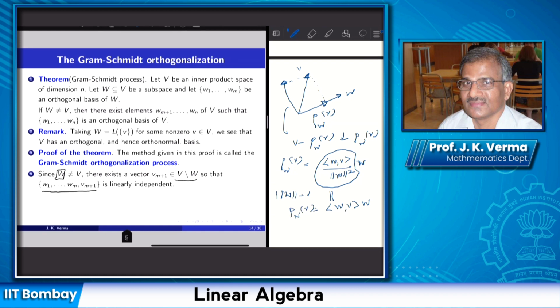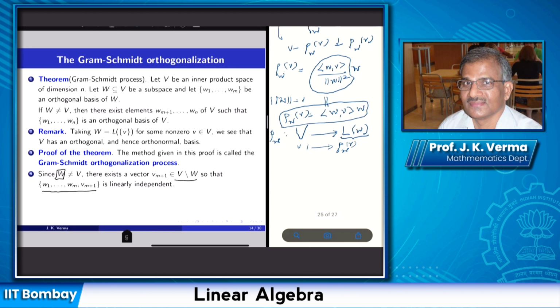So P_W, the projection map, is taking vectors and producing vectors which are in the linear span of W. This is a one-dimensional subspace consisting of all scalar multiples of W. The input is a vector, the output is the projection of that same vector in the direction of W, and this formula says that P_W is a linear transformation.